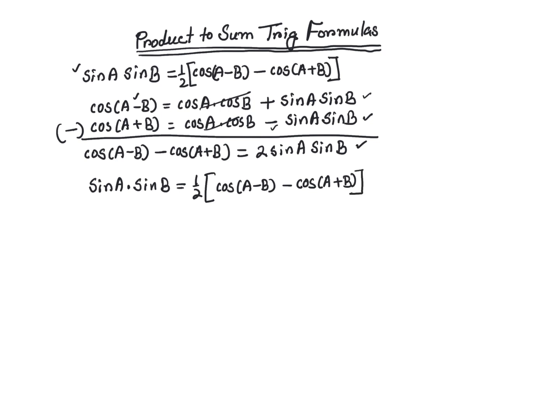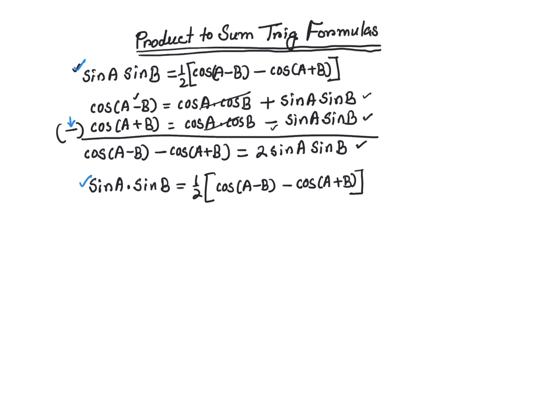At this point, we can do the following. Instead of subtracting, if I just add these two equations, I'm going to get the cosine A times cosine B. So we derived the first formula, which is exactly this, right?